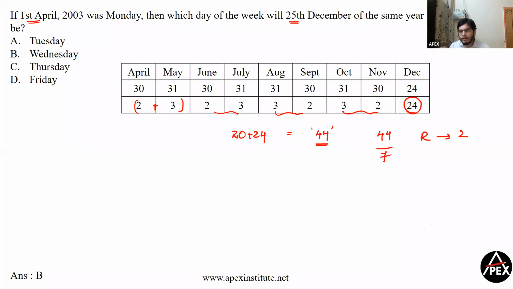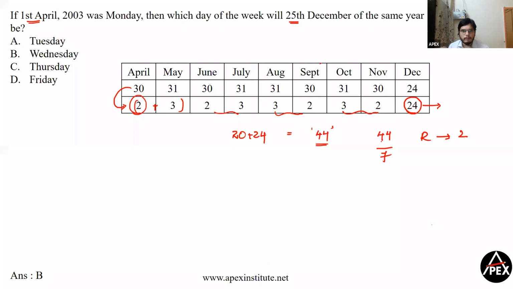For December, why is it 24? From December 1st to December 25th, how many completed days do we have? Completed days. And I am telling you from the start that odd days will be calculated on completed days only. So in April, why do we have 2 odd days? Because April has 30 complete days. Is that clear?